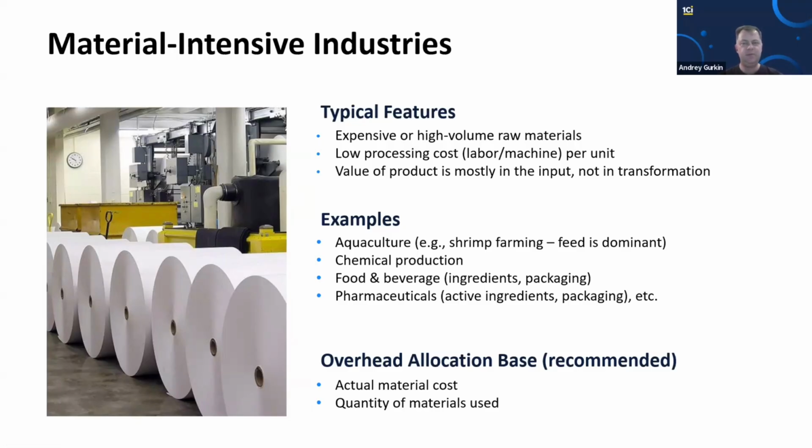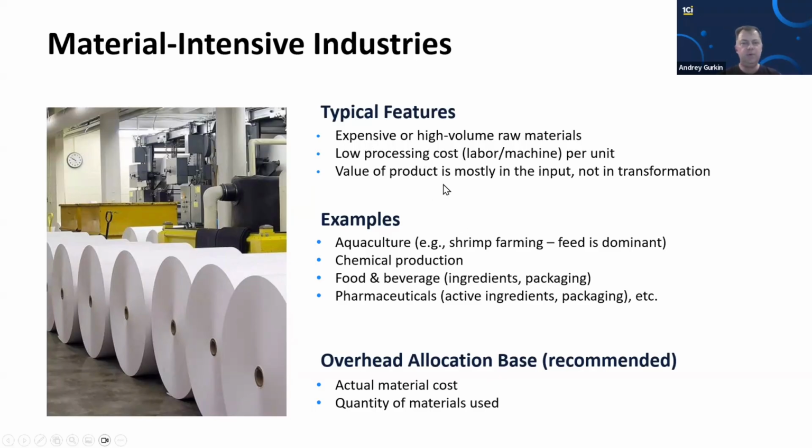Regarding the typical features, it's expensive or high volume raw materials. So for example, 70% of the cost of the finished good is material cost. Low processing cost, labor, machine, etc. But again, it depends. It might be 70 to 30% materials versus labor.